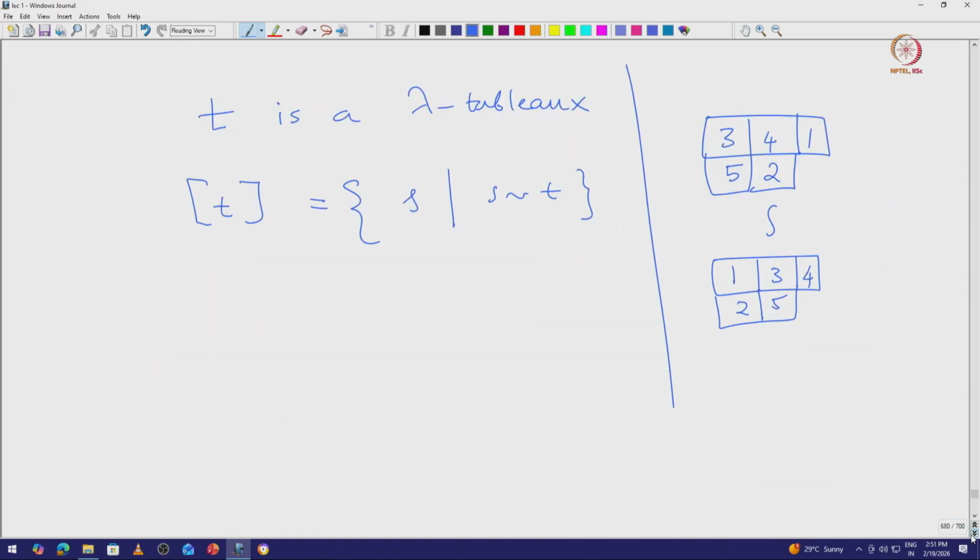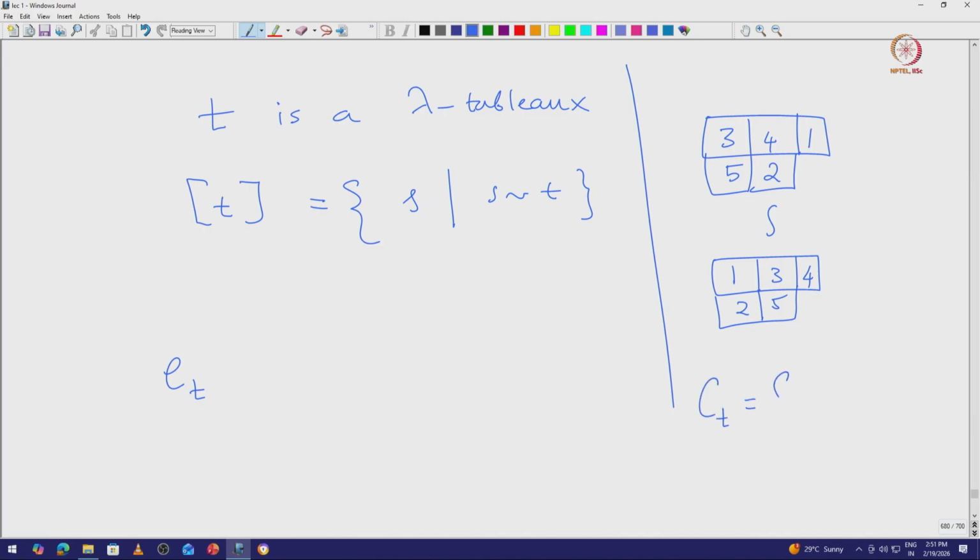In particular, when you apply this to T and look at E_T, it is going to be some sum of elements, and the sum of the elements comes from the column stabilizer of T. So what is the column stabilizer here in this case?